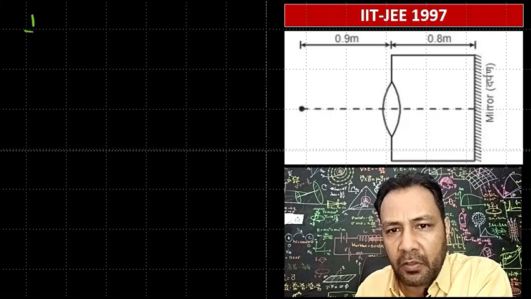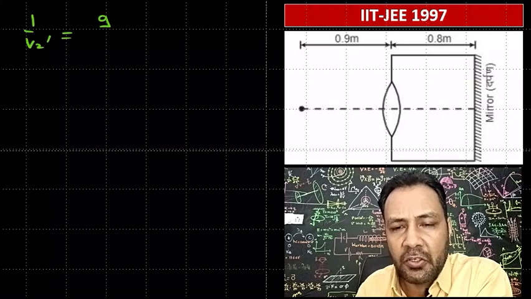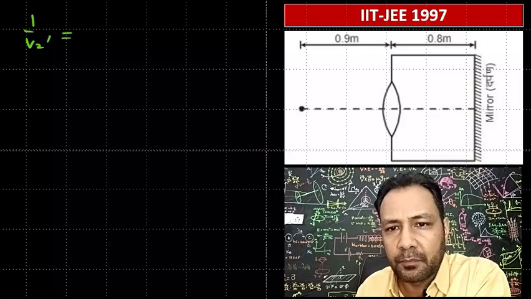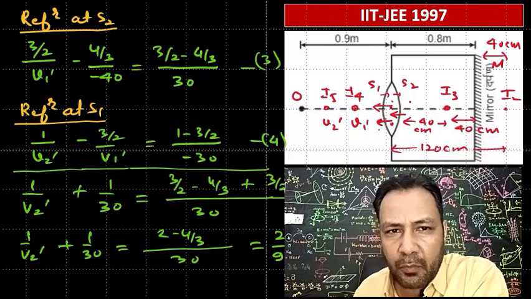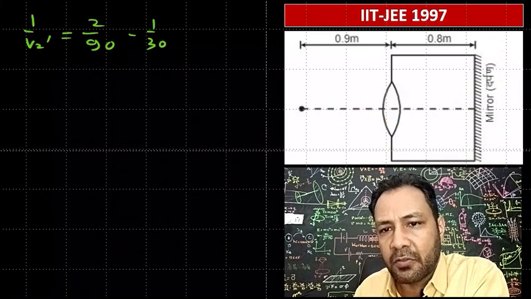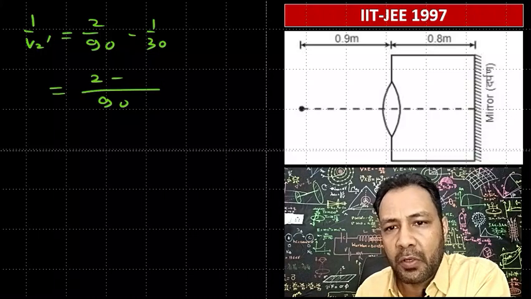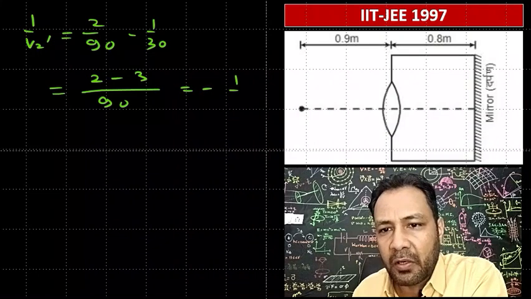So 1 by V2 dash we obtained is equal to 2 by 90 minus 1 by 30, that is, 90 take LCM, so 2 minus 3, so that is minus 1 by 90.